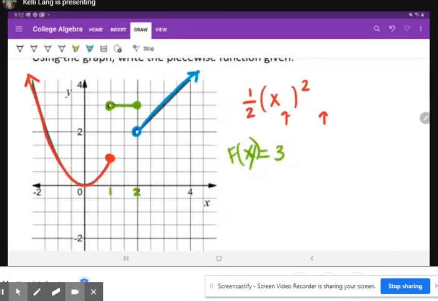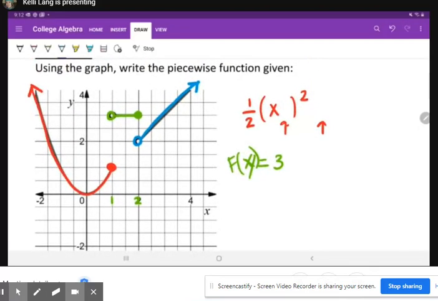Okay, moving on to our last piece. This is a line. This is our blue piece, sorry. It's a line with a positive slope, and in order to actually figure out the details of this line, I'm going to just pretend like it continues all the way down in this direction because I need to see what its y-intercept would be.